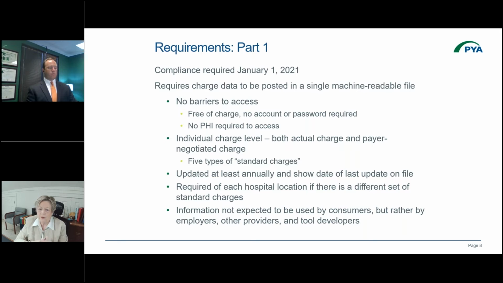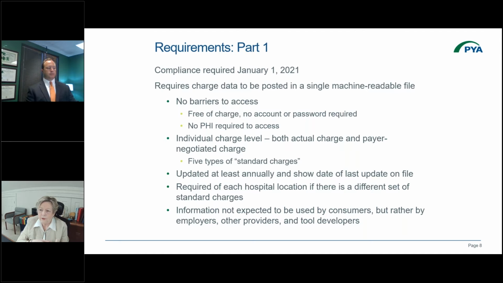At the MRI level, you are required to post your actual charge and then what they called the payer negotiated charge. And the payer negotiated charge was going to be for each payer plan that you have a contract with. What is your rate for that particular plan?